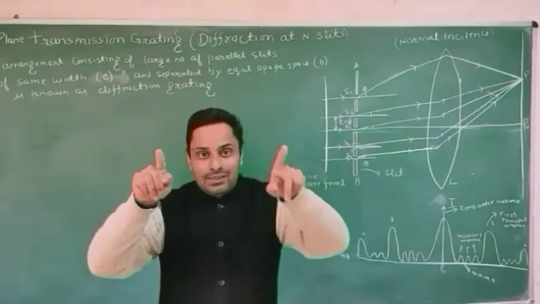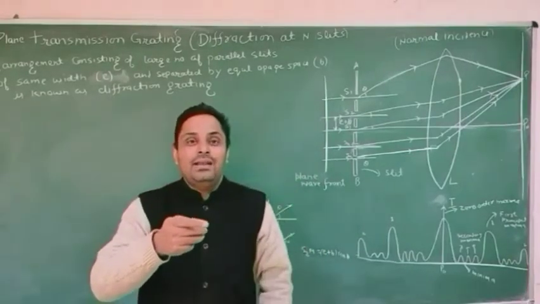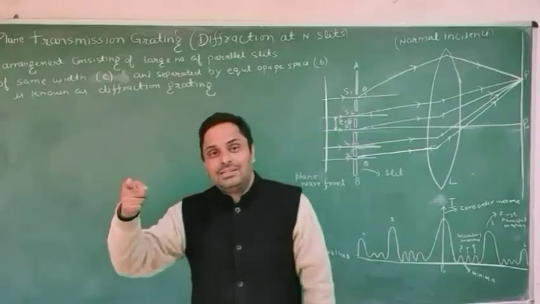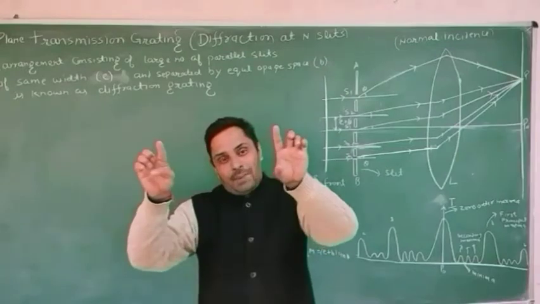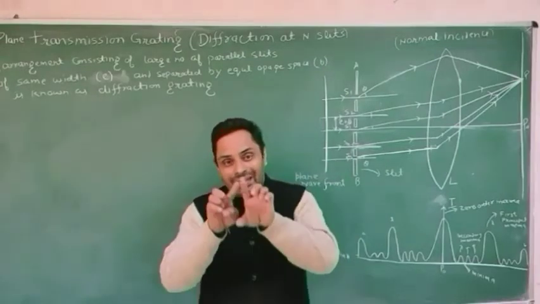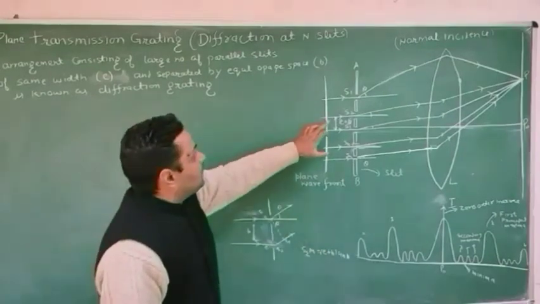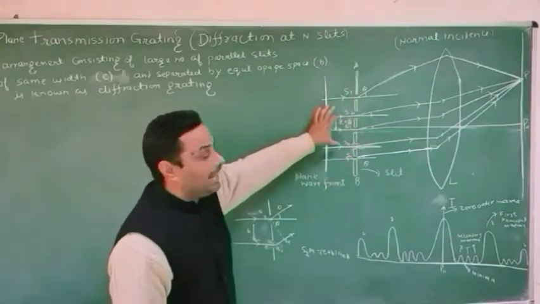We have a glass plate, and in this glass plate we can make slits, that is N slits, and these comprise the grating. The grating element is e plus b.